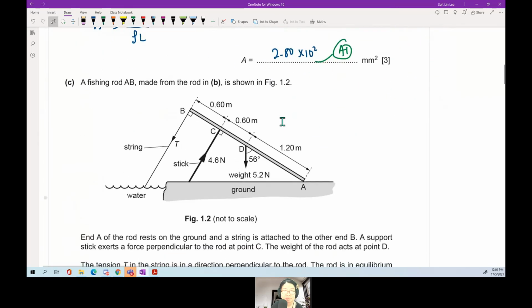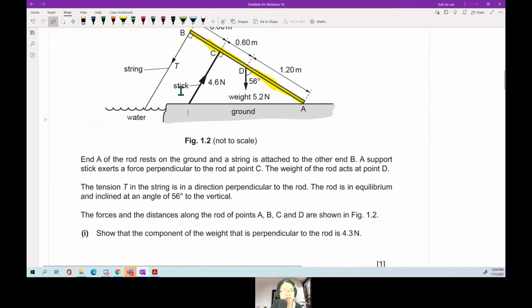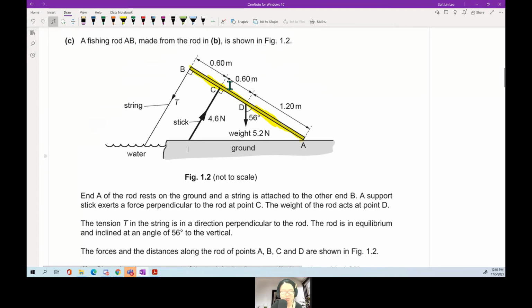No problem. C. This is fishing rod AB made from the rod in B. So this is my little fishing rod here. This is my system. The end A is resting on the ground, and the string is attached to the other end B. A support stick exerts a force perpendicular, good thing perpendicular, to the rod at point C. The weight of the rod acts at point D. Tension T in the string is in the direction perpendicular to the rod.